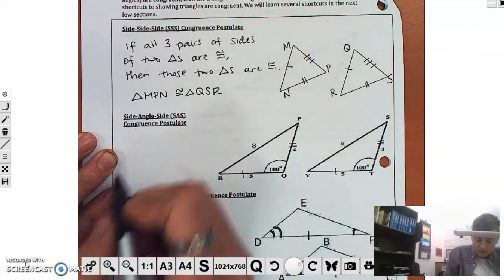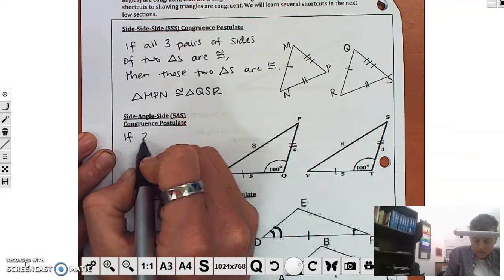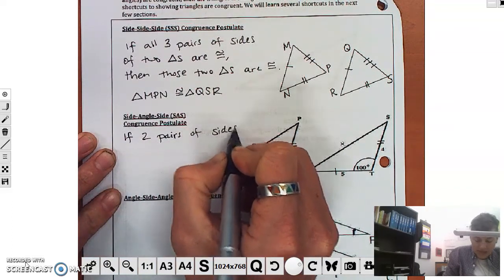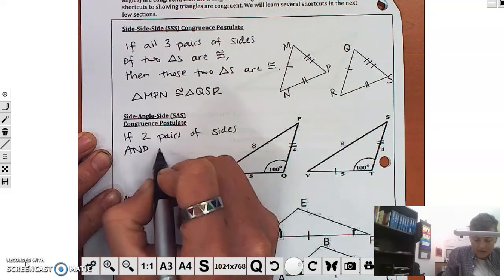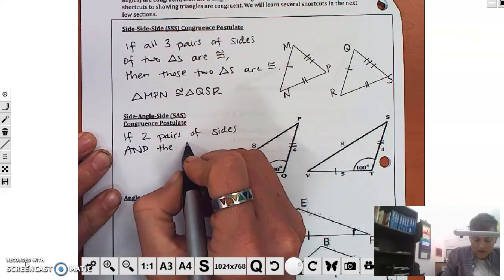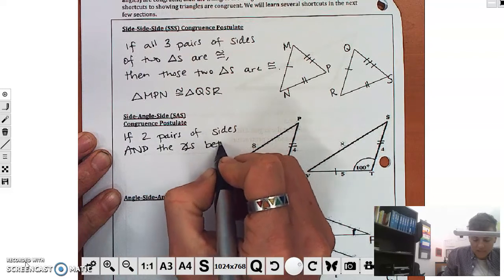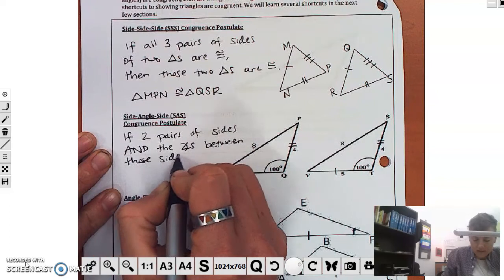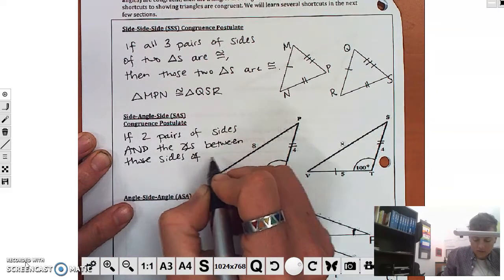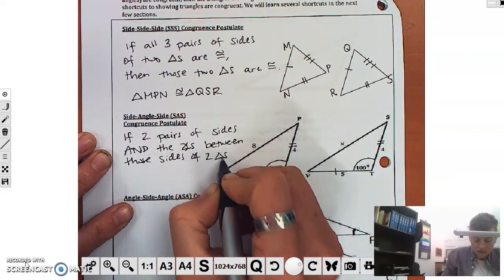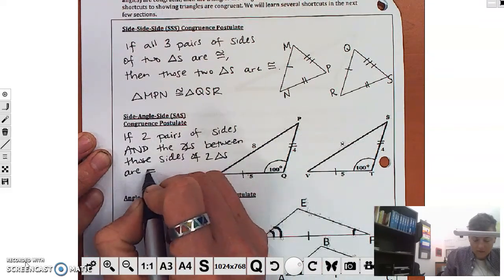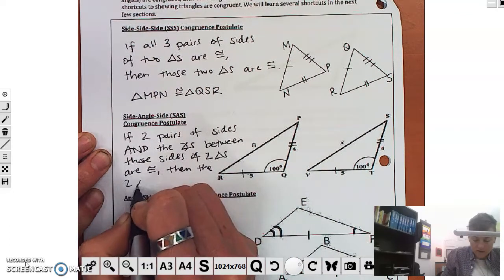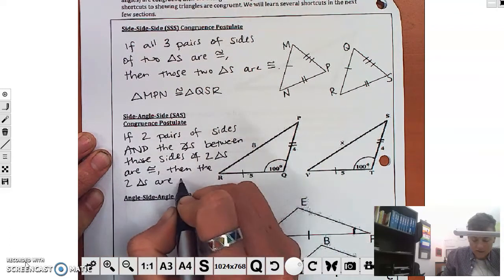So let's write that out. If 2 pairs of sides and the angles between them, those sides of the 2 triangles, are congruent, then the 2 triangles are congruent.